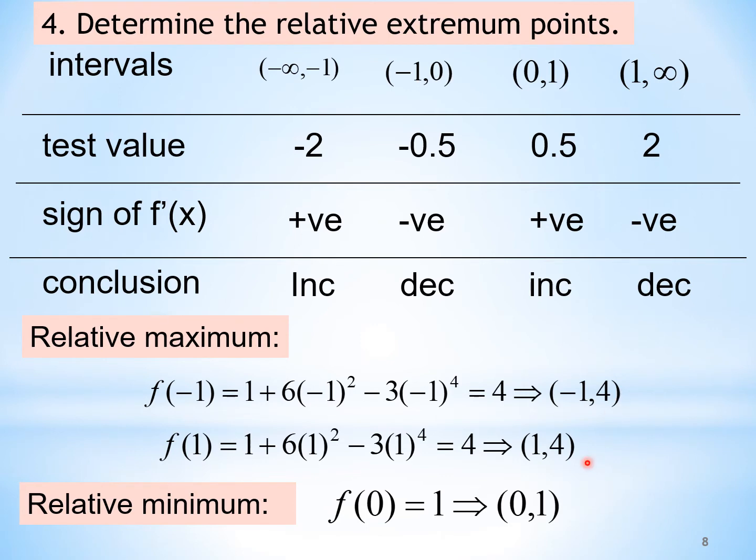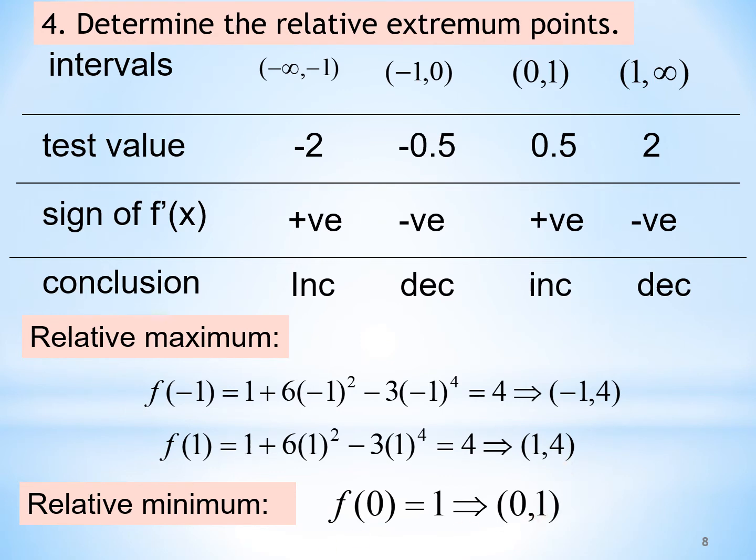Okay, that is the relative maximum, and the relative minimum is when your x value equals 0, your y equals 1. So this is another point. Okay, how do I know this is maximum and this is minimum?